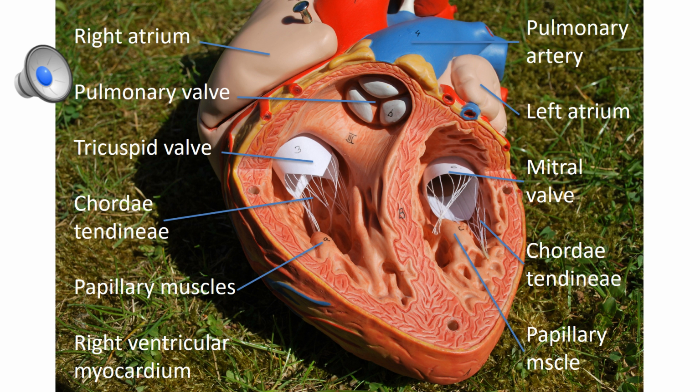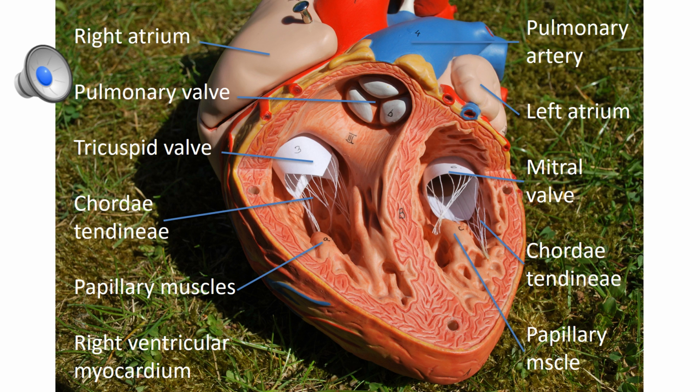Now, this open section of the heart shows us the tricuspid valve and the mitral valve, and we notice that there's chordae tendineae, or tendinous cords, connecting the valves to papillary muscles. Now, when the atrioventricular valves are open, that's the tricuspid and the mitral valve, the rounded end of the valves projects down into the ventricles, as we see.